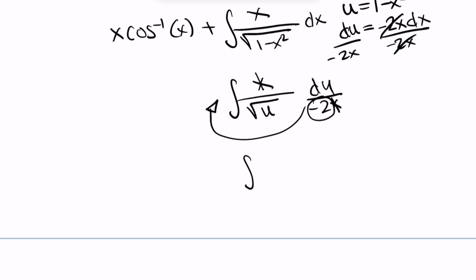We're going to go ahead and put the u as u to the negative 1/2, because a square root would be a power of 1/2. It's in the denominator. When you move it up to the numerator, it's a negative power. So we have negative 1/2 in front, and we have du.